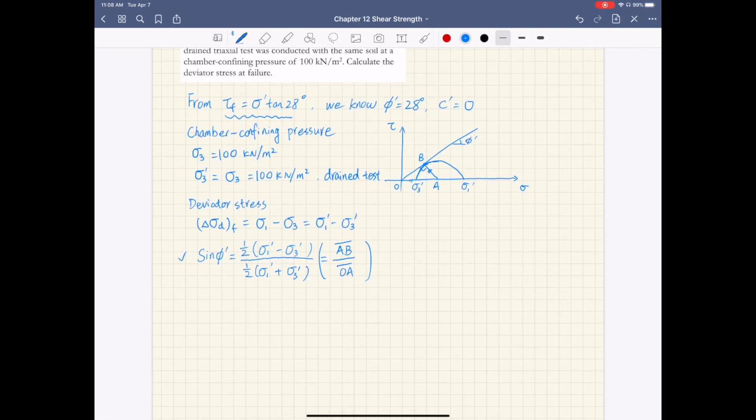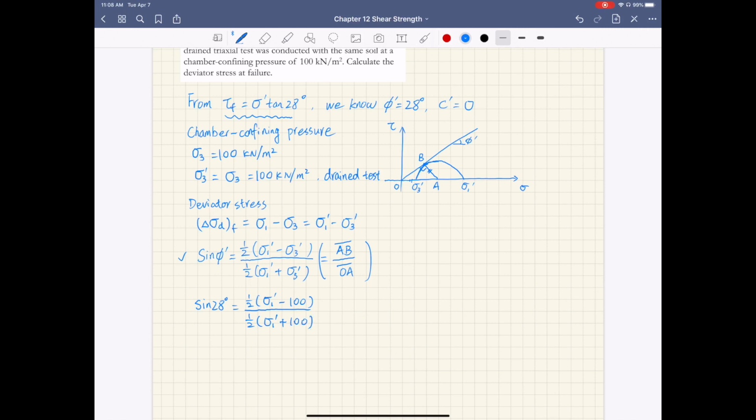So now if you plug in phi prime of 28 degrees, sine 28 degrees equals 1 over 2 times sigma 1 prime, which is what we want to solve for, minus sigma 3 prime, which is 100, and then over sigma 1 prime plus 100.